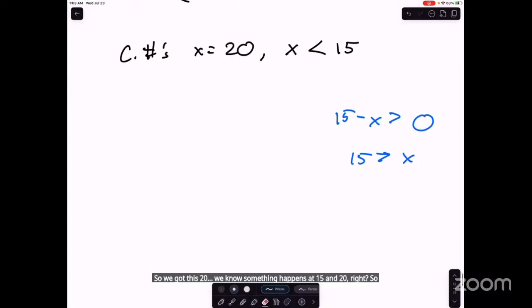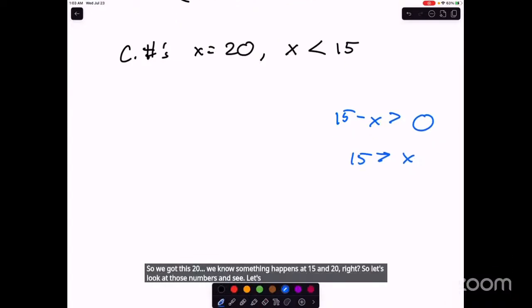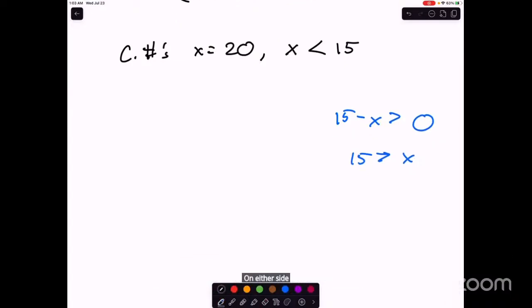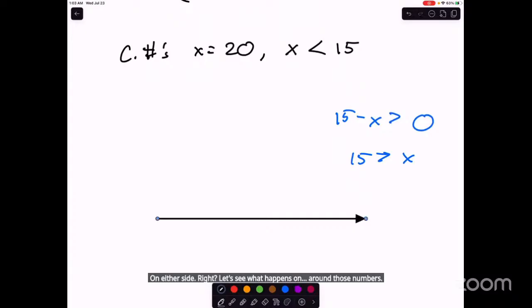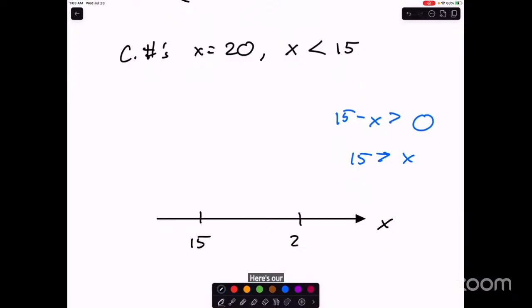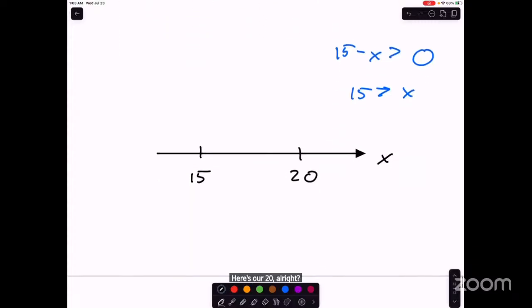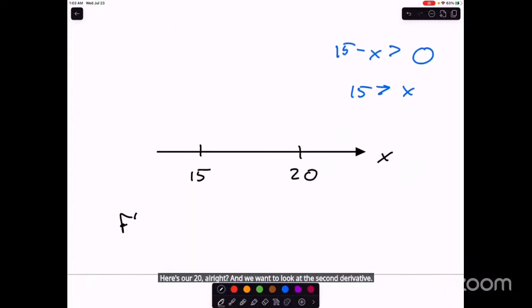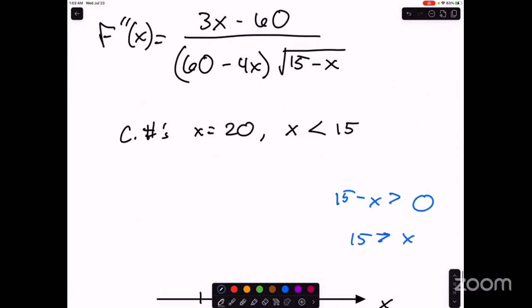So let's look at those numbers and see what happens on either side, because it is a little bit weird. Here's our 15, here's our 20. And we want to look at the second derivative.